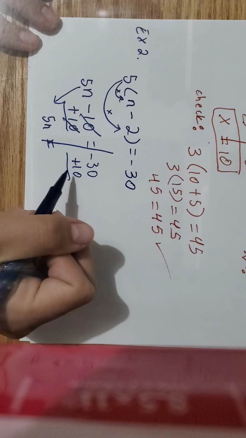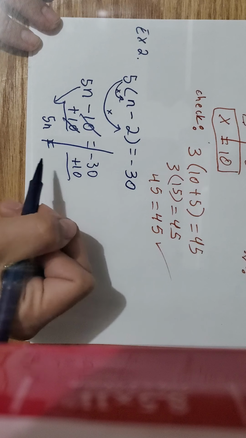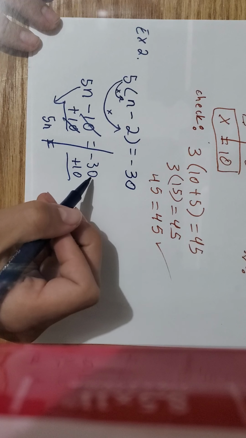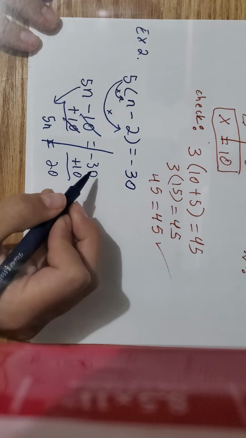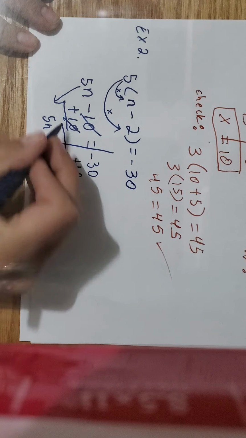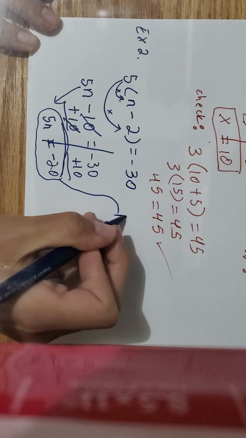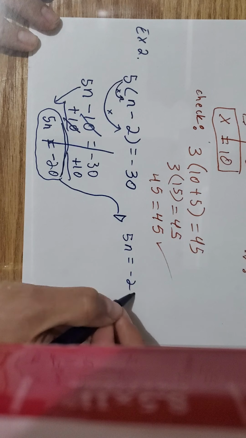And in this case, if you remember, when they're opposite signs, you subtract and you keep the sign of the bigger number. So you're subtracting 10 from 30, which is 20, and you keep the sign of the bigger number. 30 is technically the bigger number, so it's negative 20. Oh, I'm gonna go ahead and just move this over here. Okay, so 5n equals negative 20.